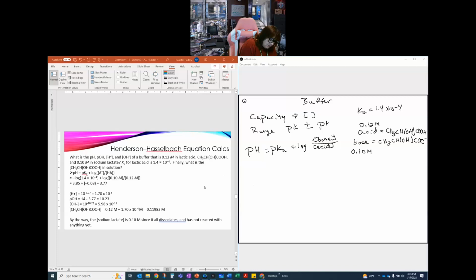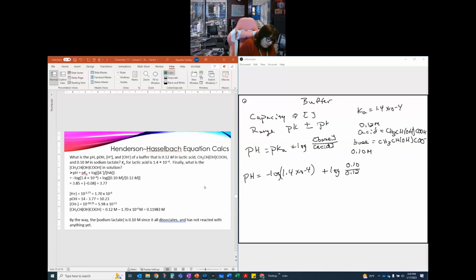So pH is going to be equal to the negative log of the 1.4 times 10 to the minus fourth, that Ka that I was given, plus the log of the concentration of the base, 0.10, over the concentration of the acid, 0.12. Okay, so that's how I get all of those happy numbers there.